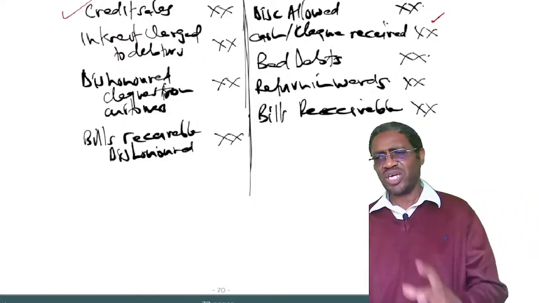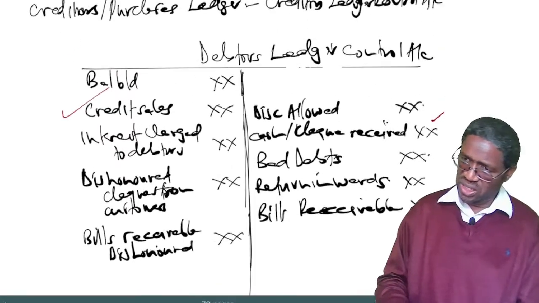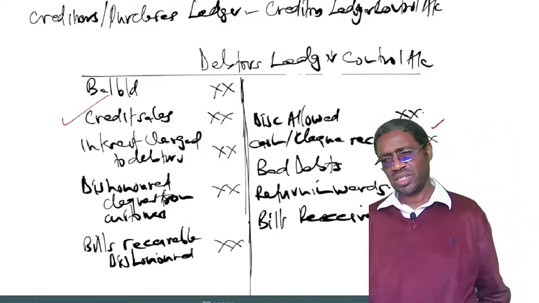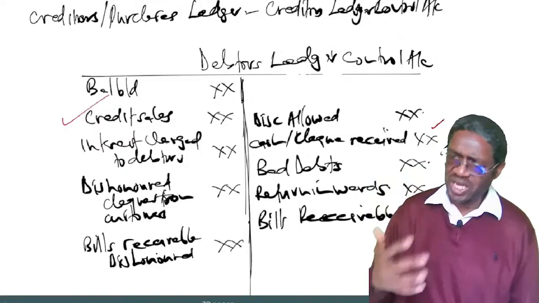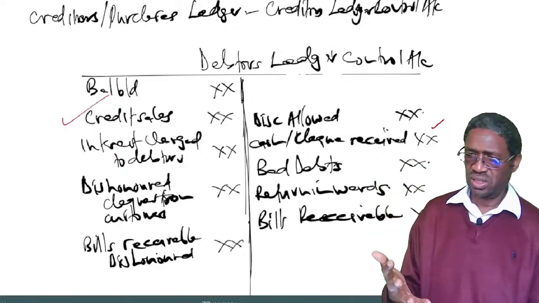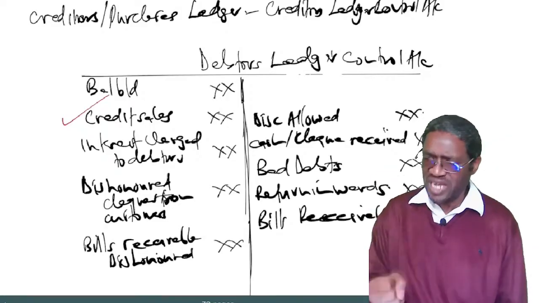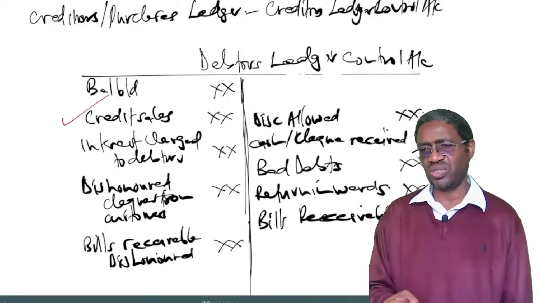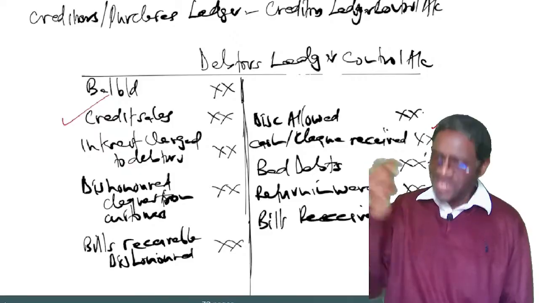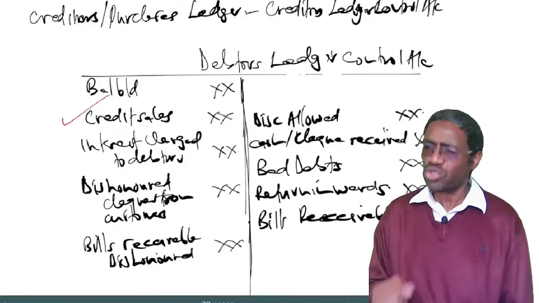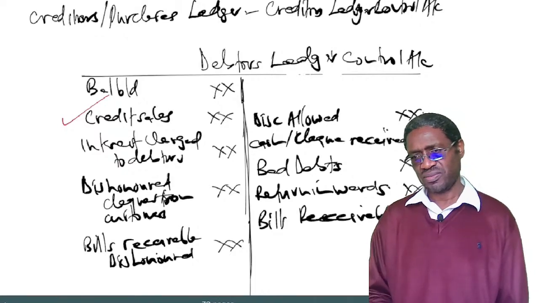So what I'm trying to say is this, which I'm hoping you are getting something now. When you are required to prepare a control account, I have said, if something is supposed to be debited in the debtor's account, that same thing should also be debited in the control account.